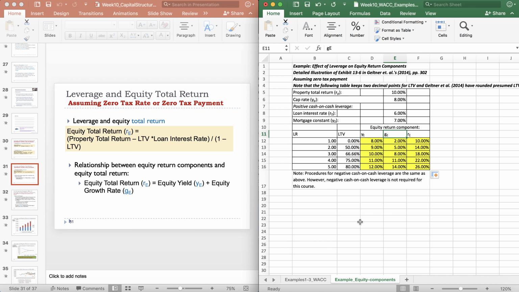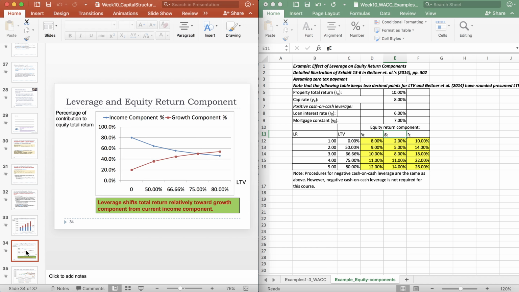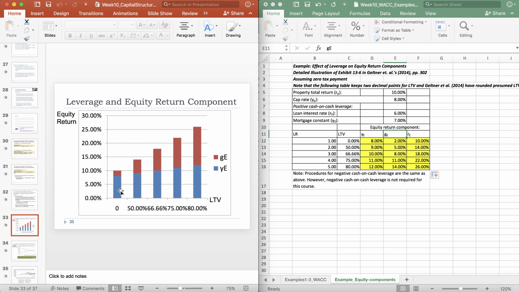On the lecture slides, we also understand this key concept: with increasing loan-to-value ratio, more and more of the equity total return comes from the equity growth component. That's also summarized on the slide here, and the chart shows a similar trend and finding.